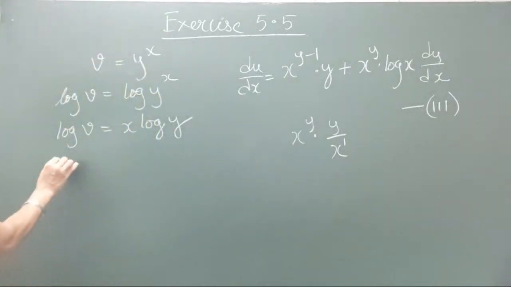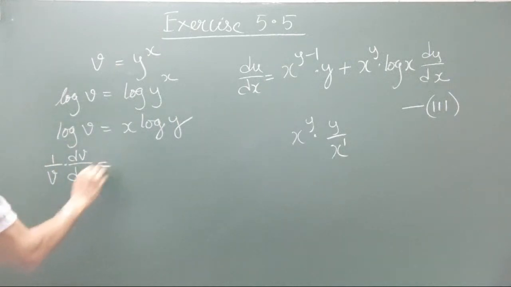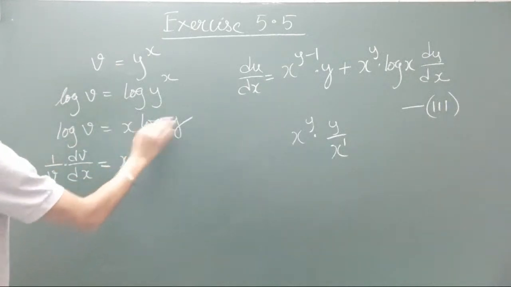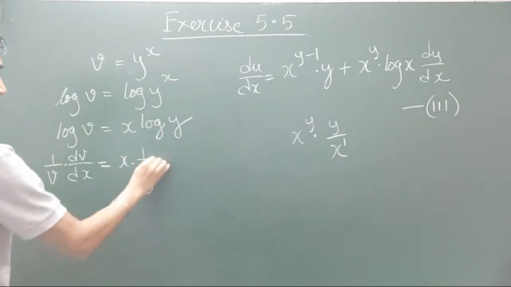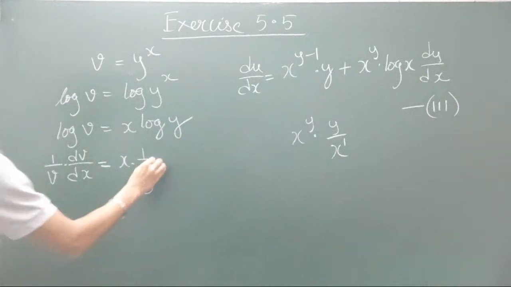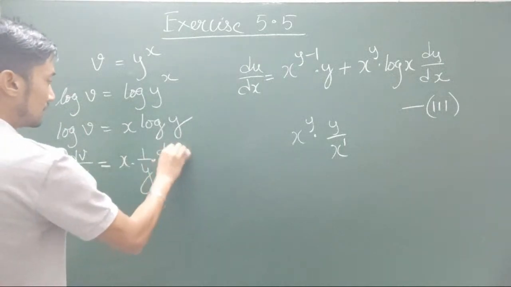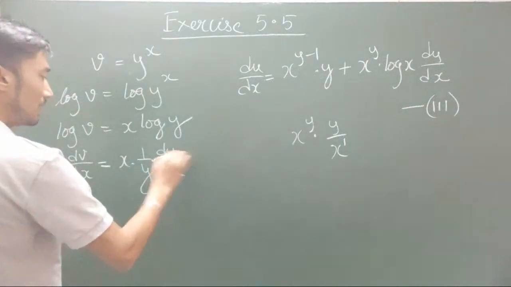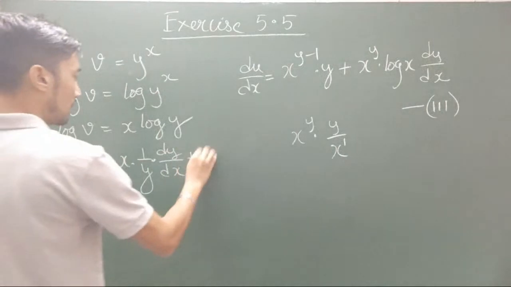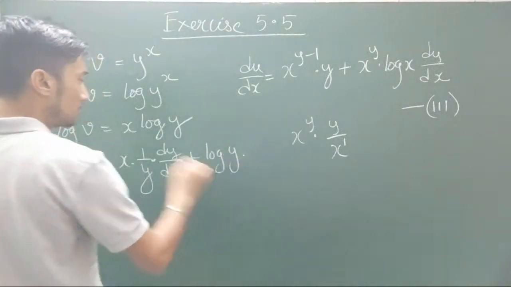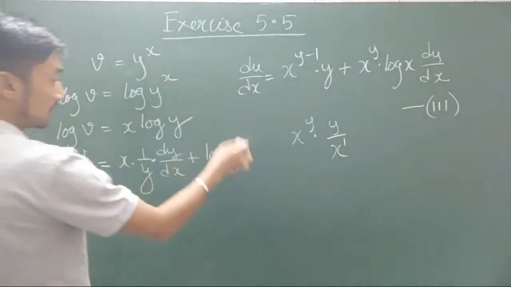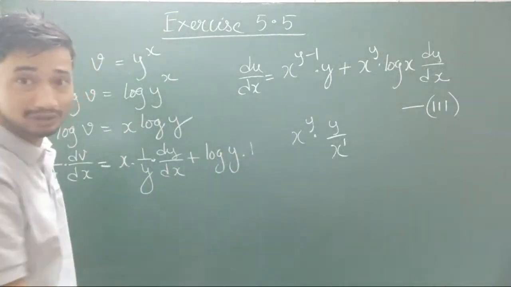So 1 by v dv upon dx is equal to x times the derivative of log y, which is 1 by y, but let us not forget implicit functions: dy by dx, plus log of y into derivative of x with respect to x, that's 1, so I will not be writing that.